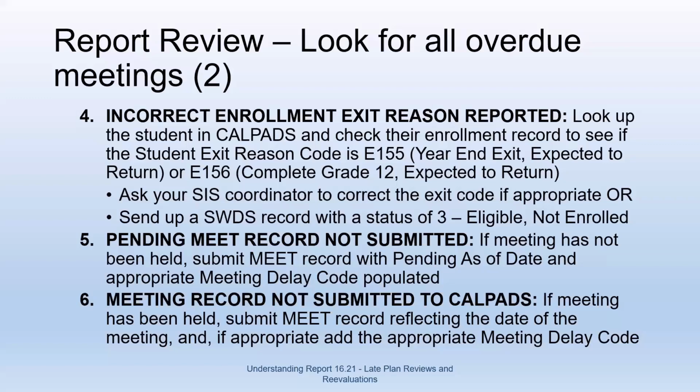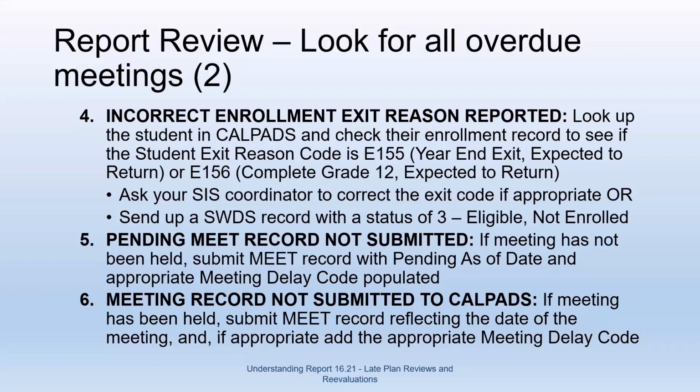Next thing you want to check for is, is this meeting pending, right? So is this meeting overdue, but is it pending, and we just haven't submitted a pending record for the plan review or the reevaluation? Folks, I know this is manual work, but it will save you time if you get into the process of doing this on a routine basis.